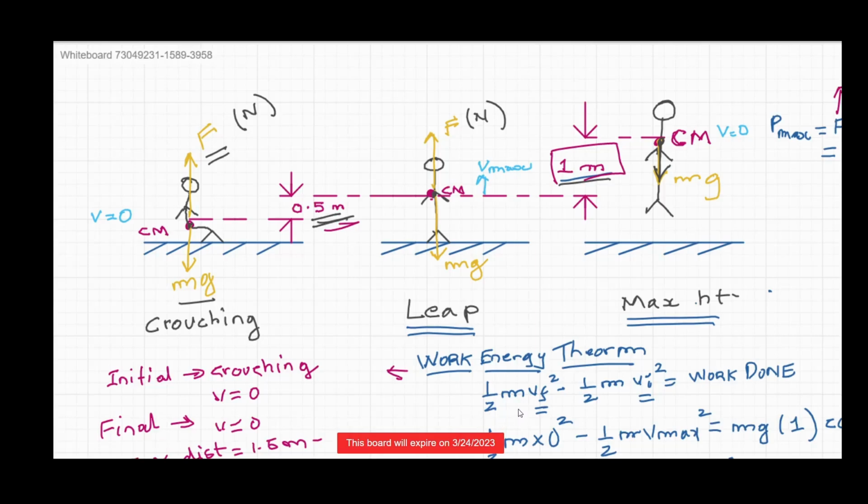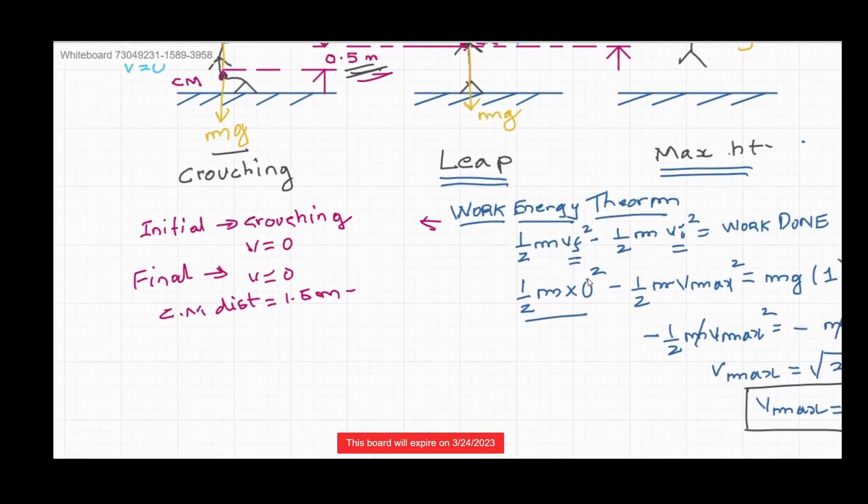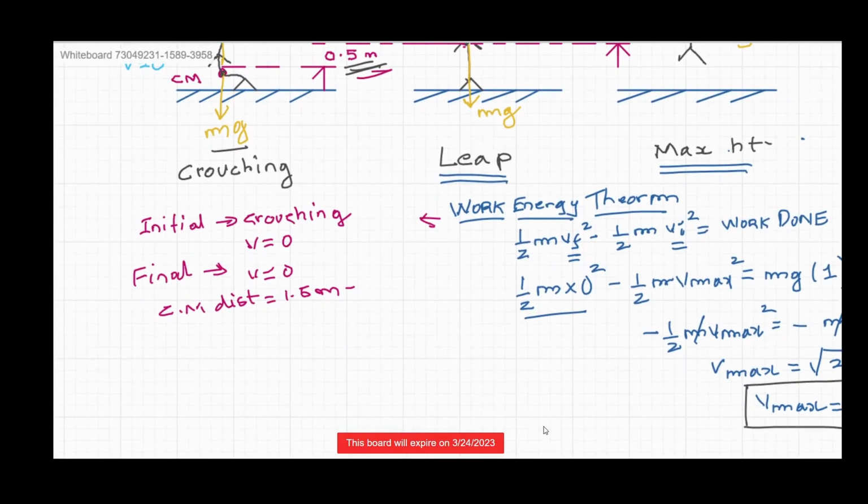Understand that the gravitational force acts right from crouching to maximum height, whereas the force F acts only from crouching to leap. So the force acts only for a distance of 0.5 meters. This will be very necessary while calculating the work done.